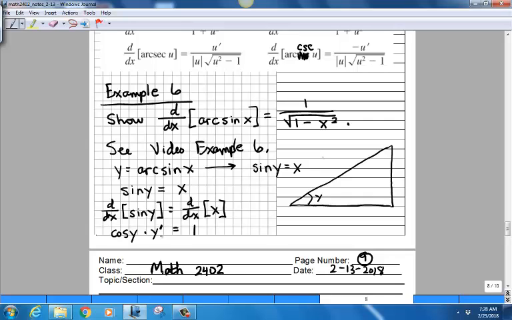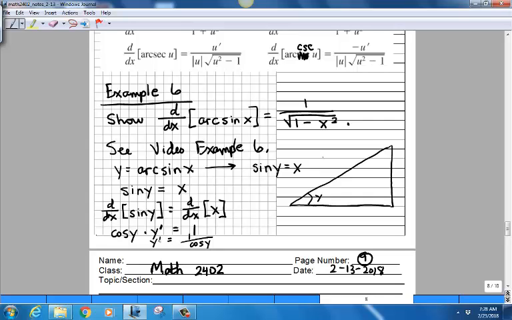Either way, we have to multiply in this derivative of y with respect to x. So we actually get that cosine of y times y prime is equal to 1. And now you can simply solve this equation for y prime. So we get y prime is equal to 1 over the cosine of y.